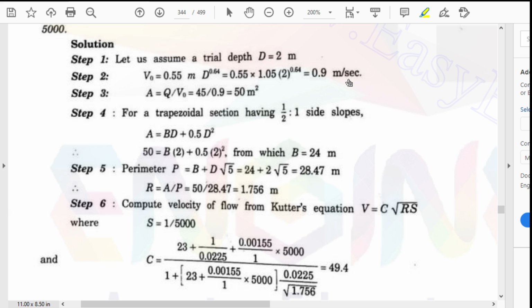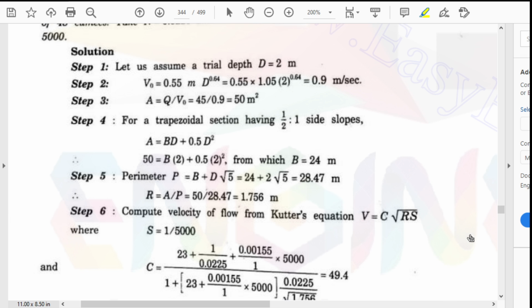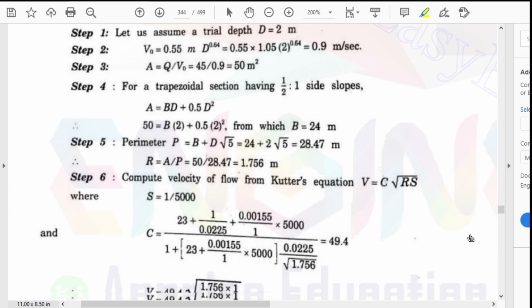The equation is v equals c root mi, or v equals c root rs. Here r we have found as 1.75, and the value of s is known, that is 1 divided by 5000.